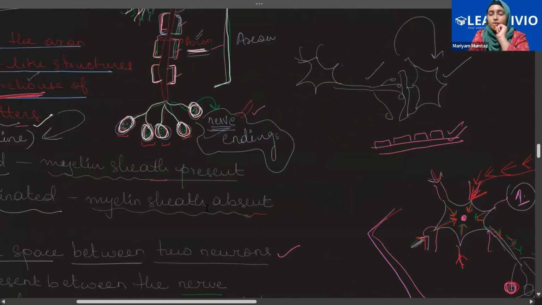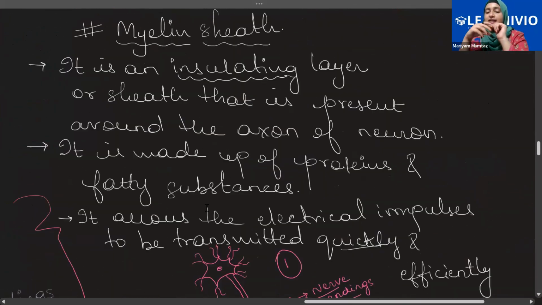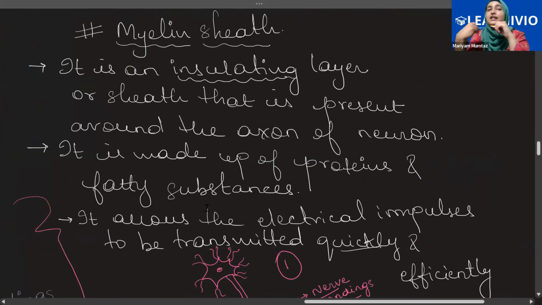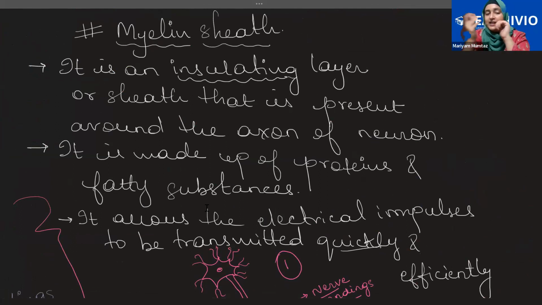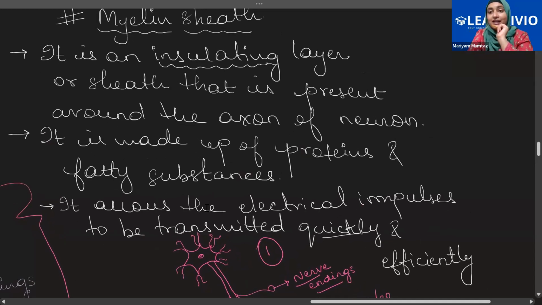Now, talking about the function of the myelin sheath. First of all, it is a layer that has insulating property. It insulates the area of the axon, and this myelin sheath is made up of proteins and many fatty substances. Now, what does it do? It allows the electrical impulse to be transmitted quickly and efficiently.